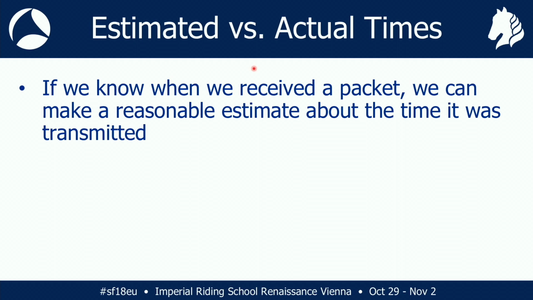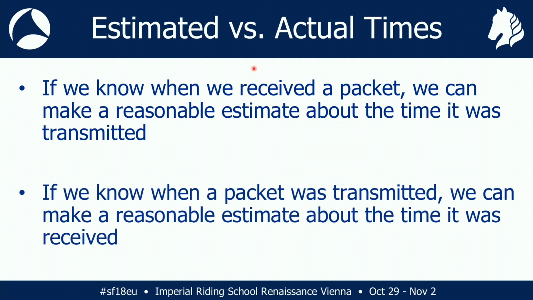It's not necessarily 100% rock solid, but it's a reasonable estimate. So if we know when we receive something, we can make an estimate of when it left the sender. And when we send something, we can make a reasonable estimate about the time that it was received by the receiver.